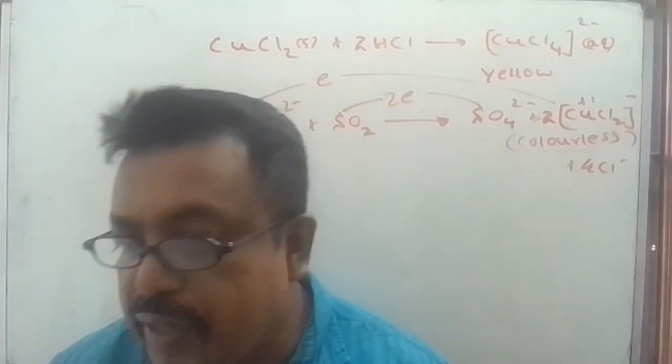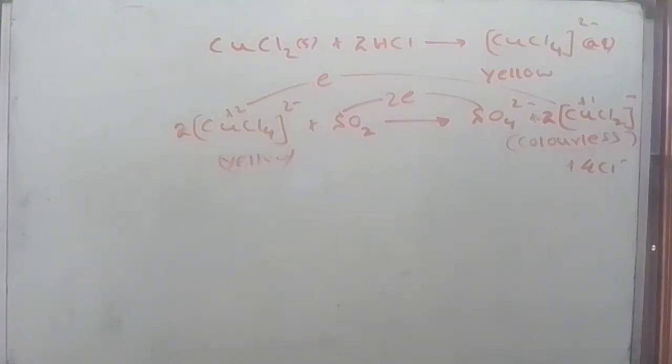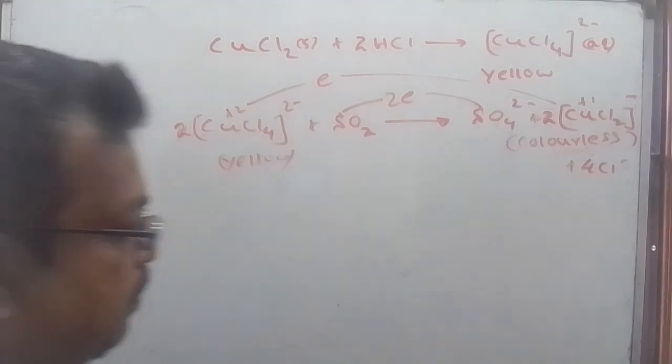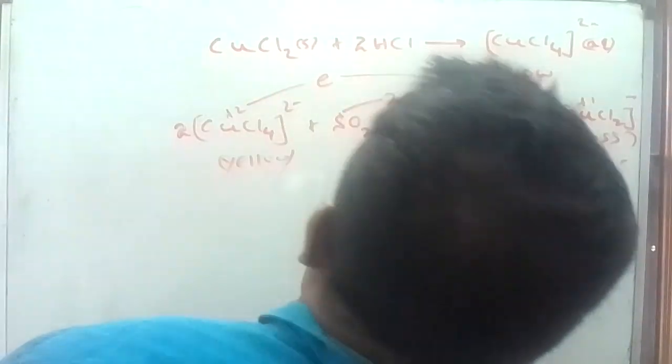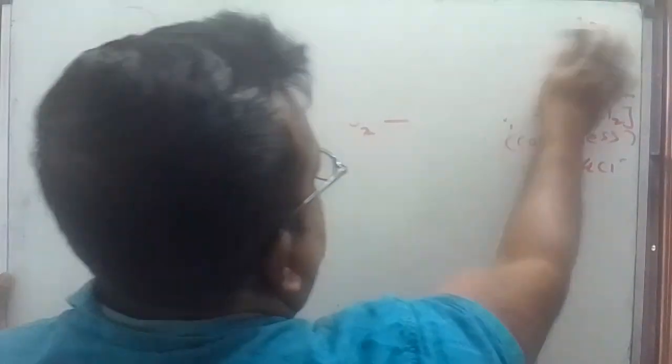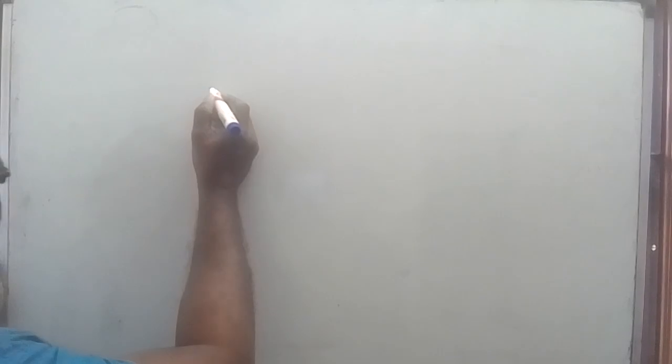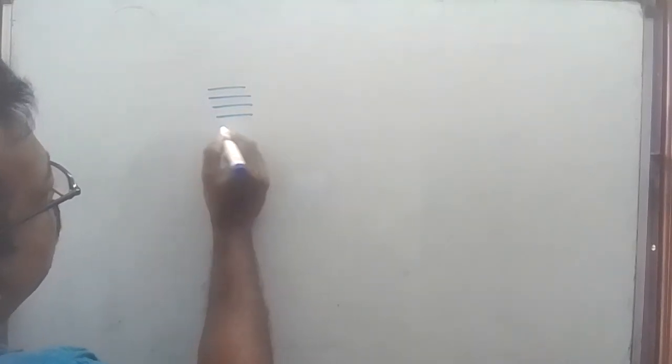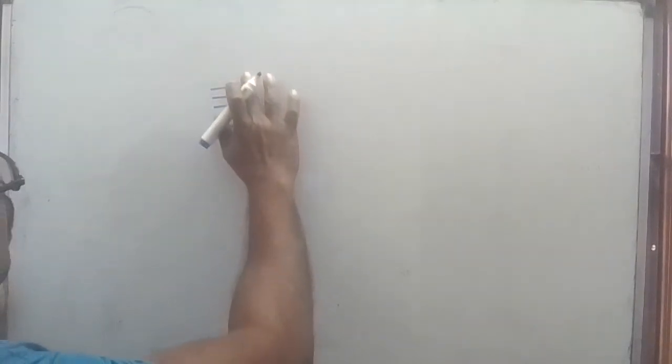Okay, let's see how we can explain that. Now I am going to explain the theory regarding the color of the d block cations. So listen carefully. There we have 5 d orbitals, like this.